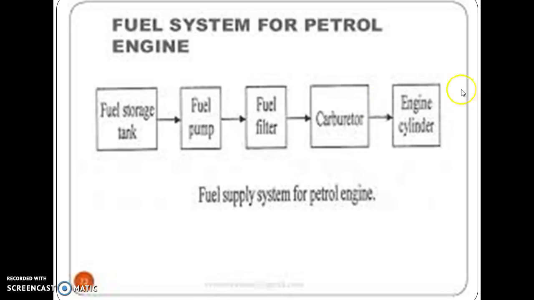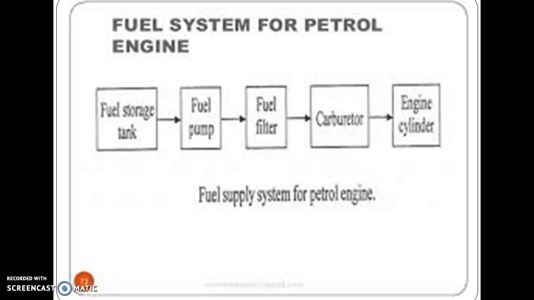The carburetor is used to mix the air and fuel as per the air fuel ratio requirement. The air is coming through the vent and the fuel is coming from the tank, and both are mixed together, and the air fuel mixture is passed to the engine cylinder. This is the working of the fuel supply system for petrol engines.